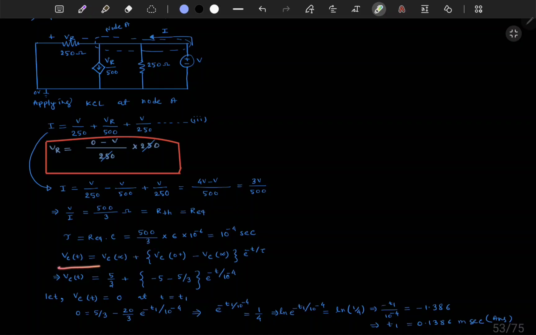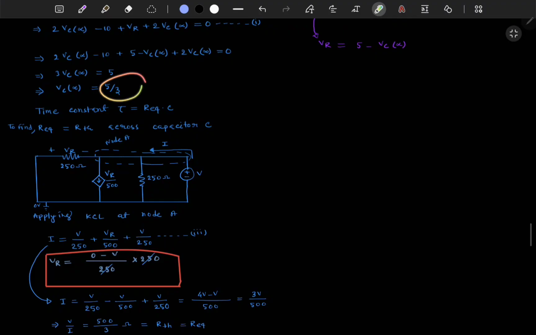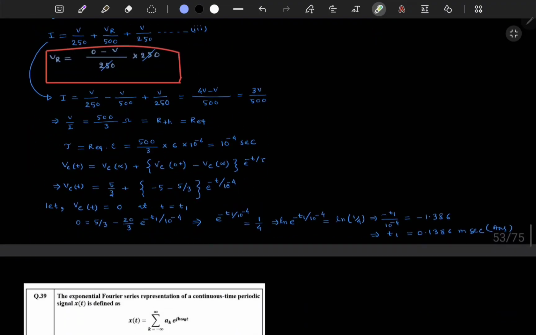So Vc(t) is Vc(infinity) plus the formula; just put in the values. The Vc(infinity) value is this one, which we already got. Then the initial value, the 0+ value, is this, and the final value again, then e to the power minus t by this tau.